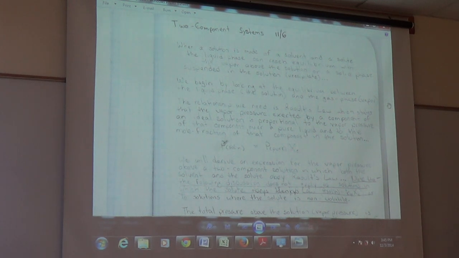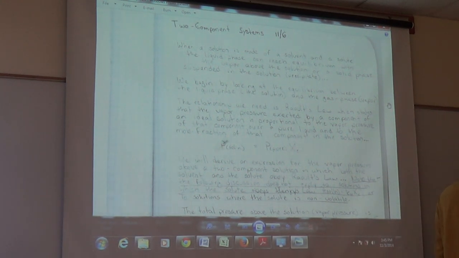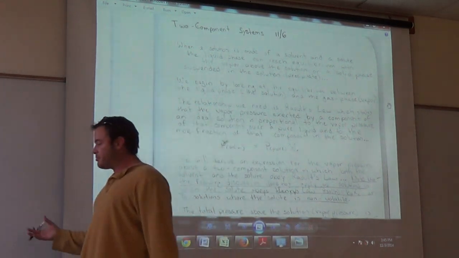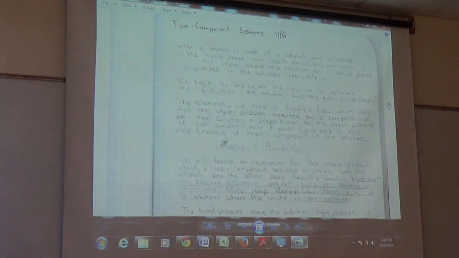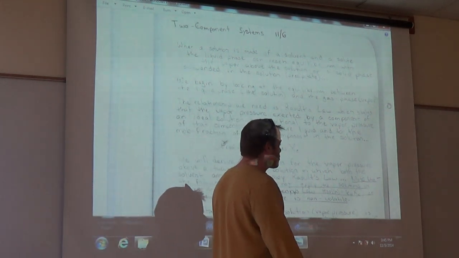We looked at how this happens for pure systems and for mixtures of two compounds. In general, when you've got the potential to form gaseous, liquid, or solid states, you can always reach some equilibrium between those three different states of matter.